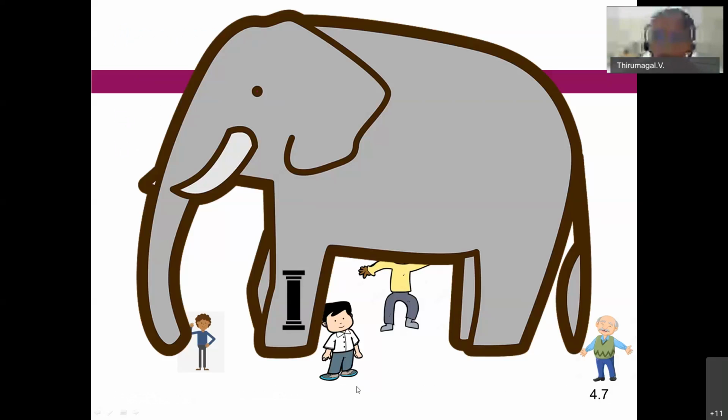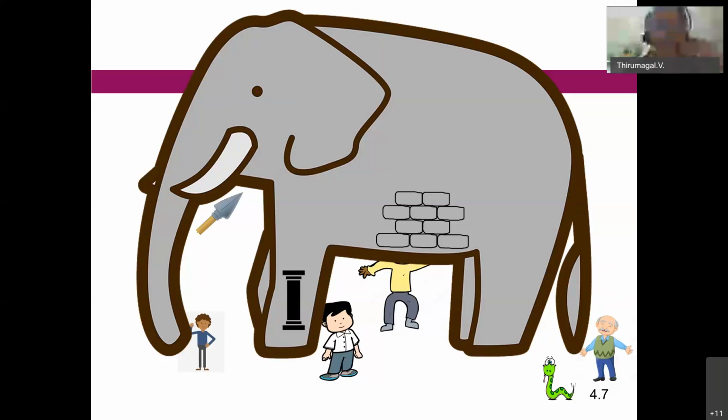Then the second blind man touched the tusk of the elephant and he said, this is like a spear. The edge is sharp. I know this is a spear. I am very sure of it.